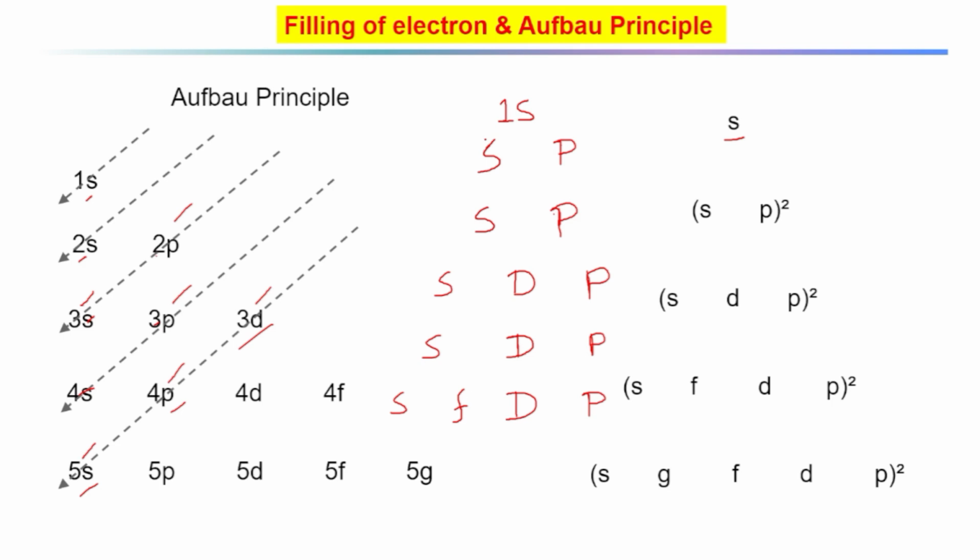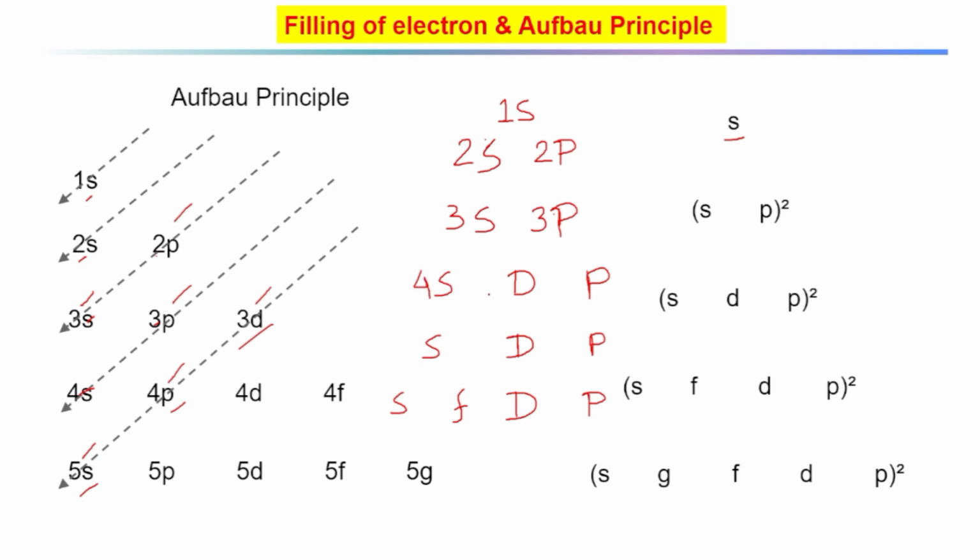Now this s and p are in the second row, so it will be 2s, 2p. This one is in the third row, 3s, 3p. And next this one is the fourth row, so this one will be 4s.